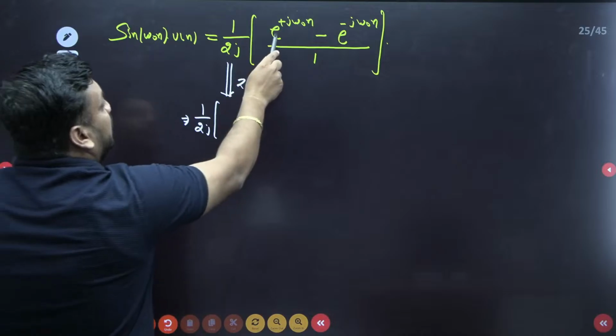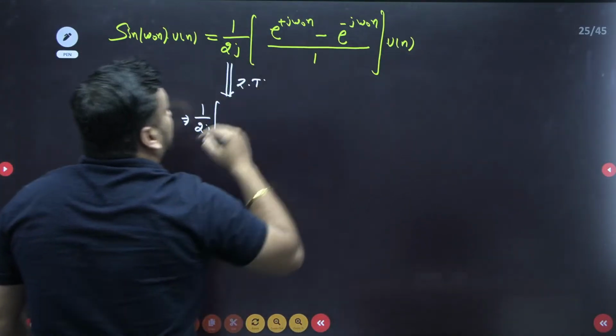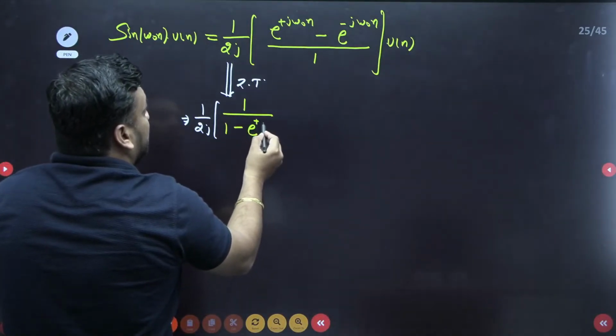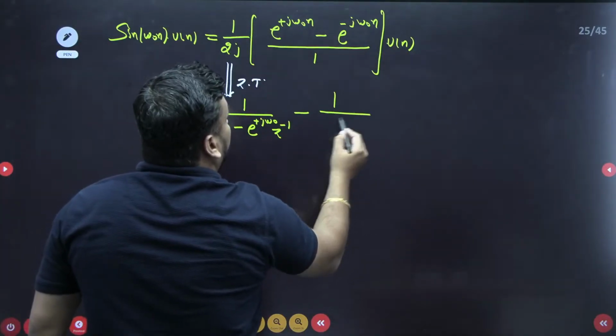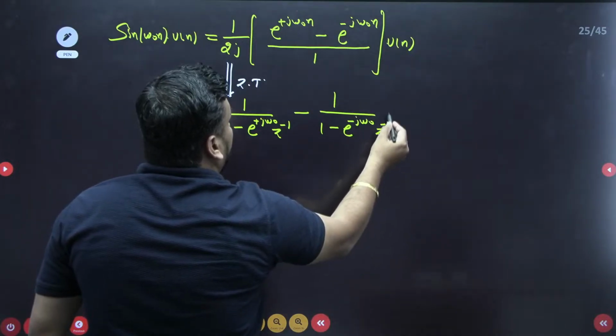Inside the bracket, because of u[n], e to the power plus j omega 0 n u[n] is 1 upon 1 minus e to the power plus j omega 0 z inverse, and minus 1 upon 1 minus e to the power minus j omega 0 z inverse, whole bracket closed.